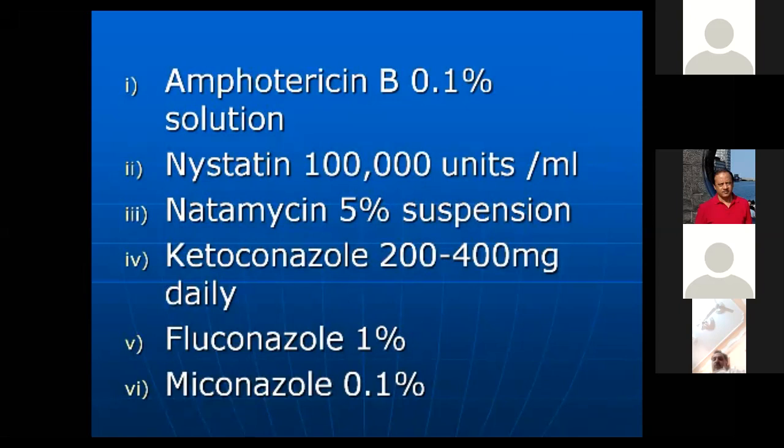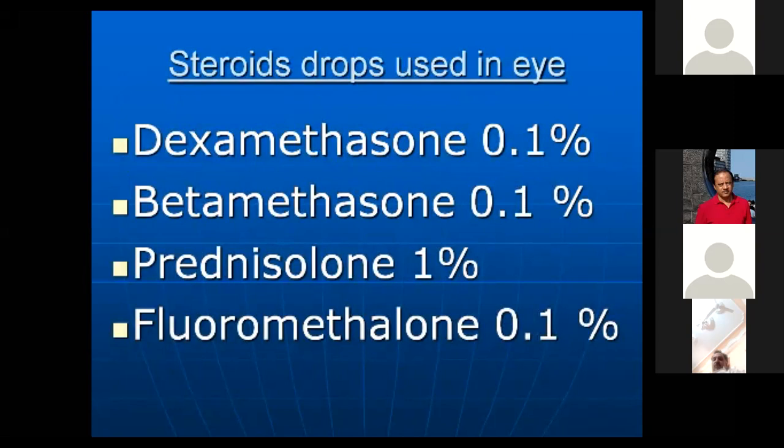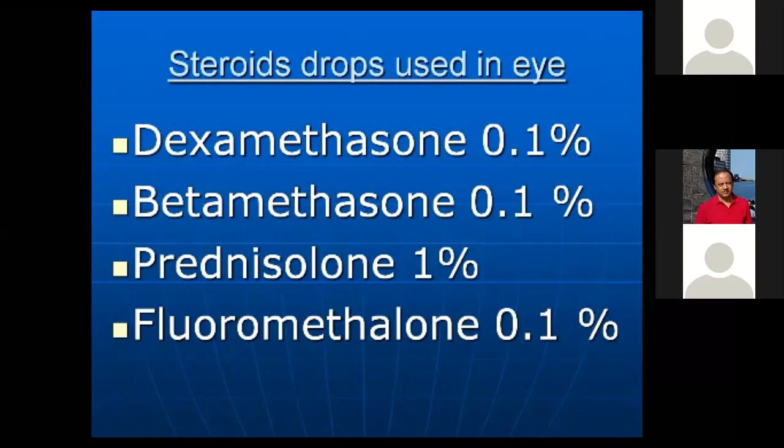Next group comes corticosteroids. These are some of the important steroid drops which are used in different eye conditions. Dexamethasone drops, 0.1%. Betamethasone drops, 0.1%.